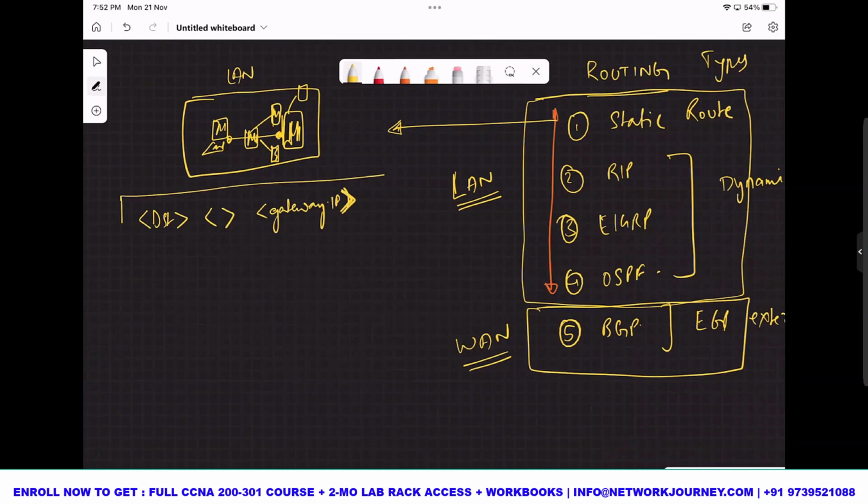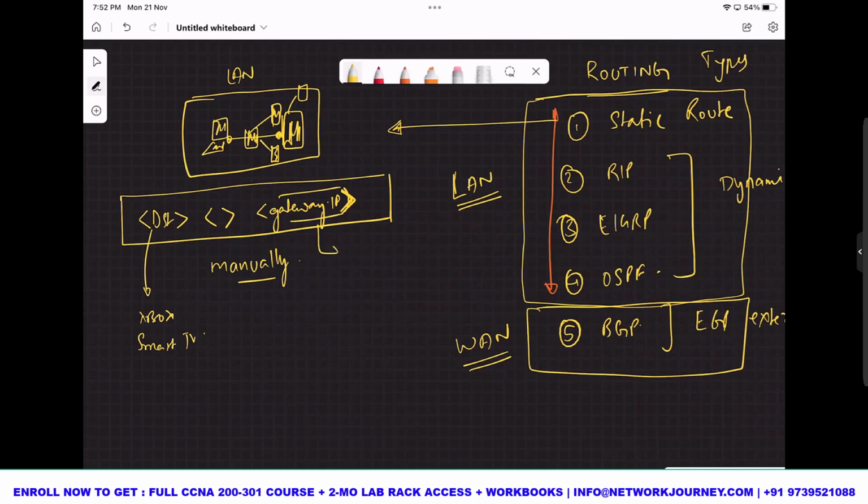This sort of command I can keep in the router, where I tell it manually. My destination is my gadget, like an Xbox or smart TV. The gateway is nothing but my internet modem or router, which I'm using at home. So I'm just telling it, to reach this device, go via this. To reach this device, go via this.